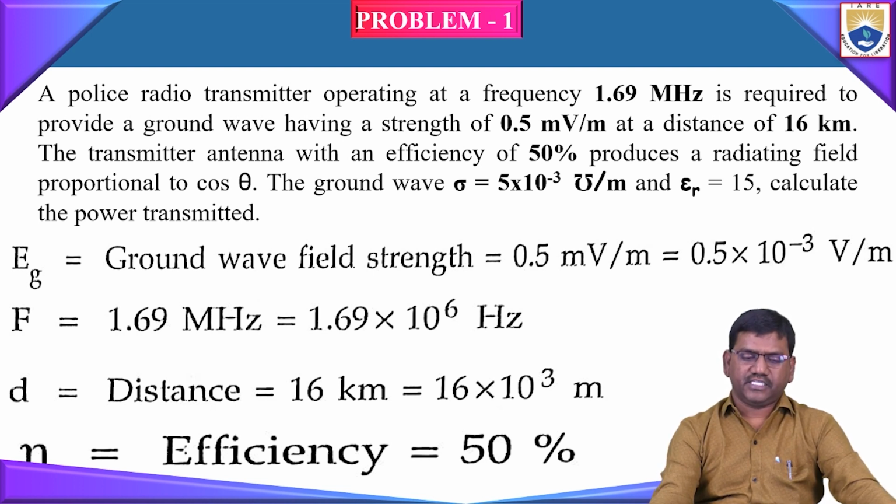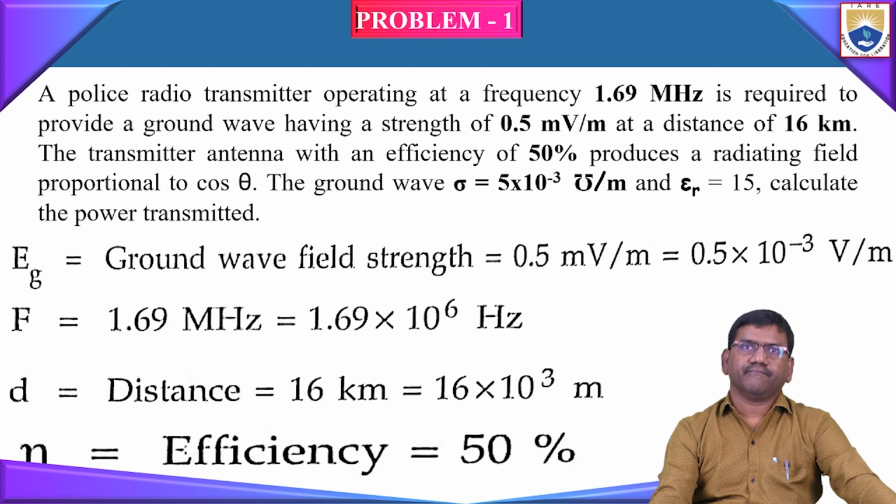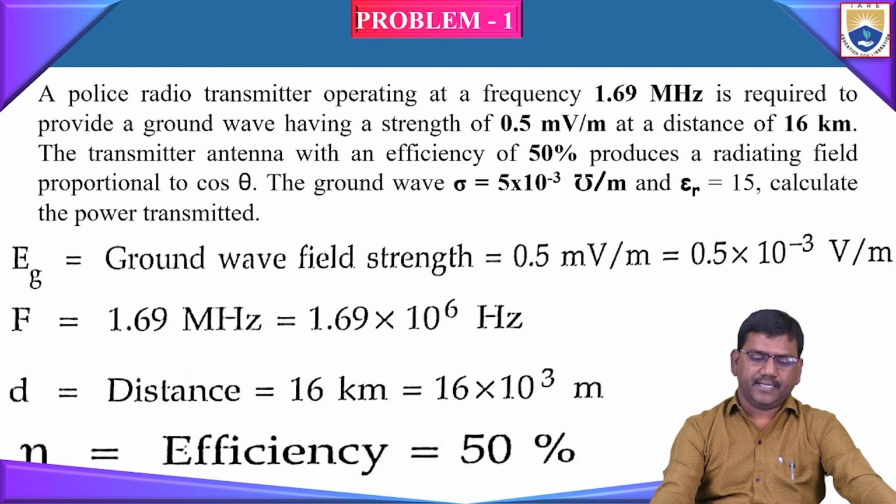Calculate the power transmitted. All the required data is given in the problem. We first need to calculate the field strength reached at the receiver, and based on the electric field strength, we will find the power transmitted by the transmitting antenna.